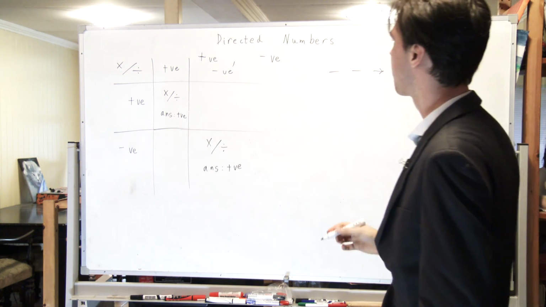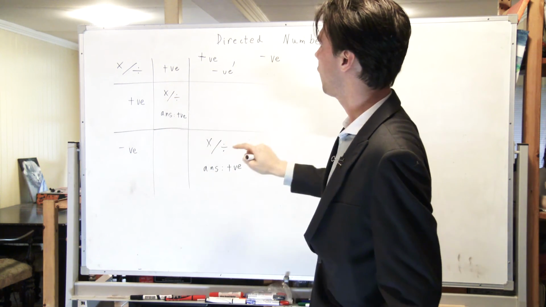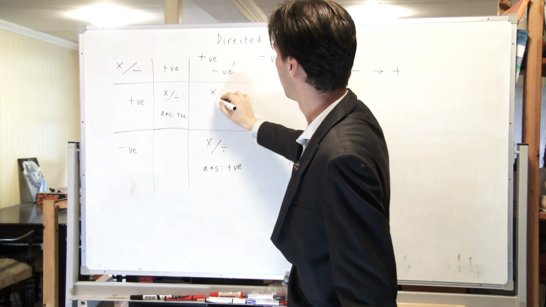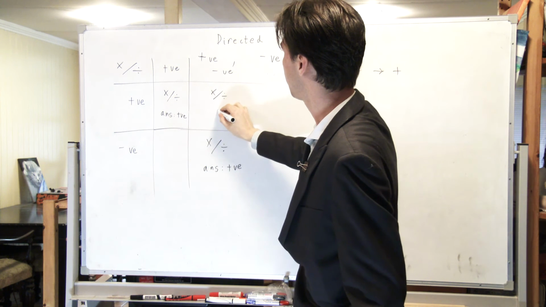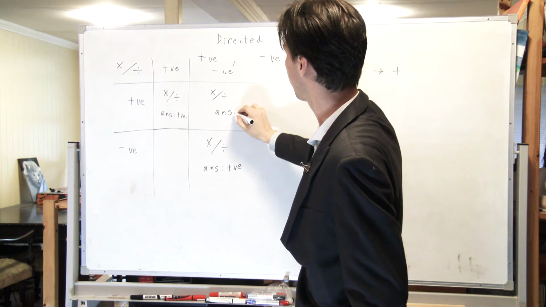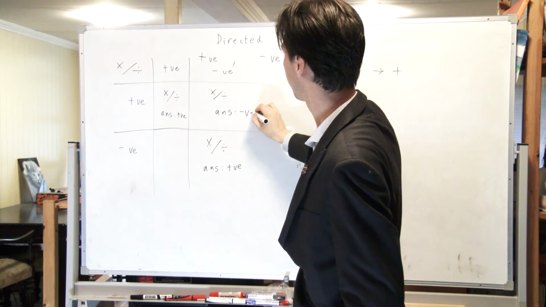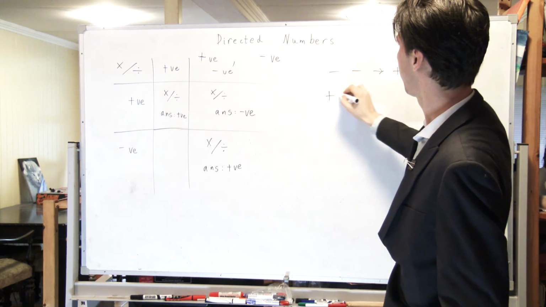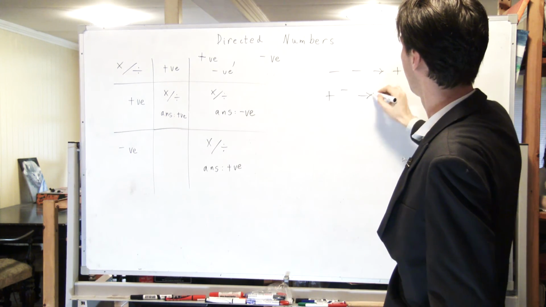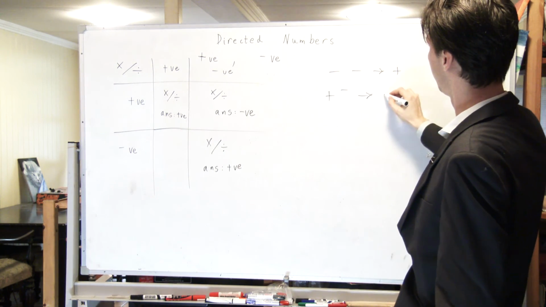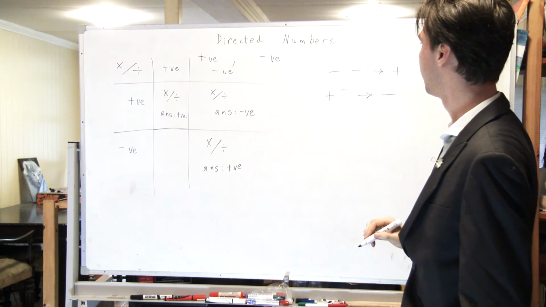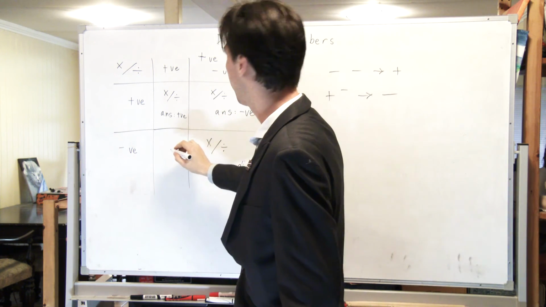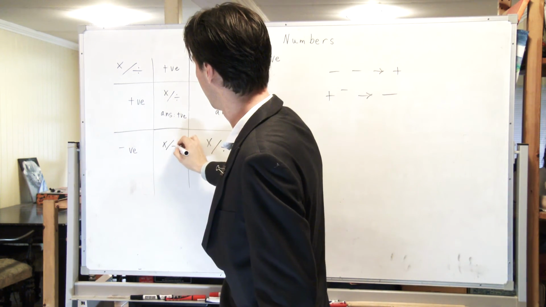Okay, now, a positive and a negative working together, they multiply or divide as normal, and my answer becomes negative. Because if you have a positive and a negative, like we saw before, that makes a negative. Negative and a positive, it's exactly the same thing.